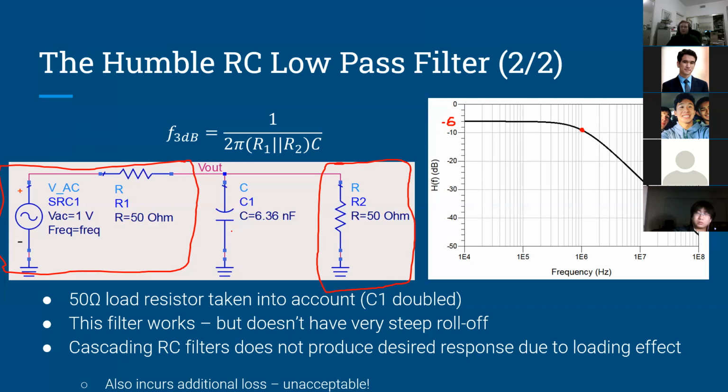Can you explain real quick one more time where the R1 in parallel with R2 in the calculation comes from? Yeah, so this filter, you can calculate the response just by doing a voltage division. If I call these two guys Z, then V out over V in is just equal to Z over R1 plus Z, right?